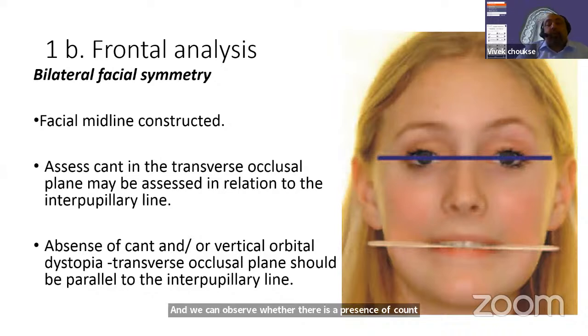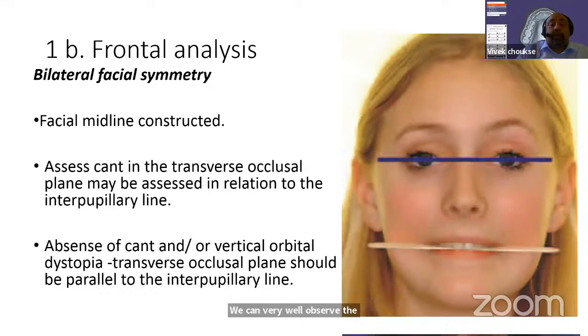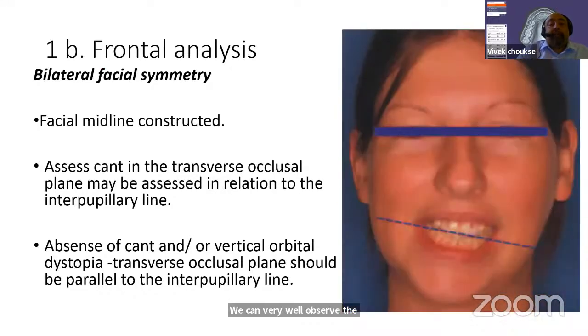As you can see from this image, if we compare the interpupillary line with the intercommissural line, we can very well observe the cant of the occlusion, which is very pronounced in this image.